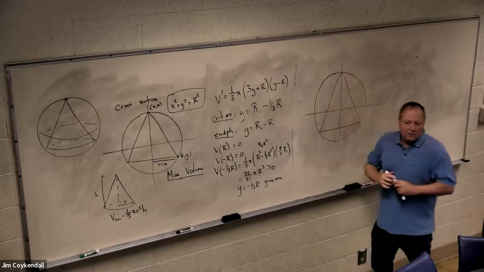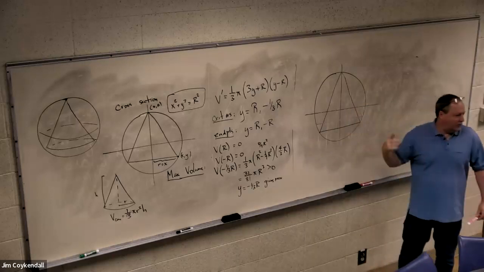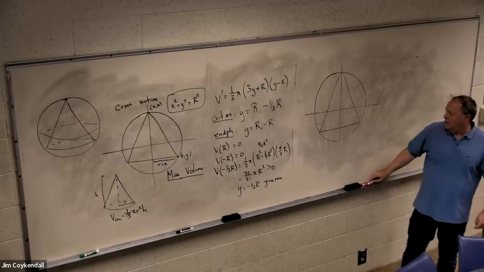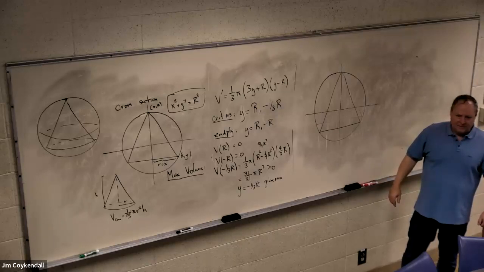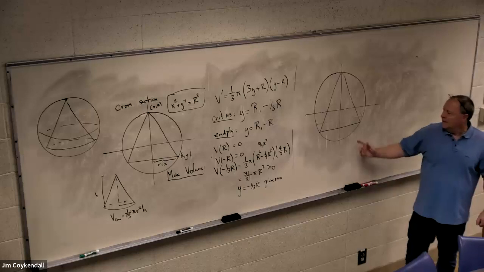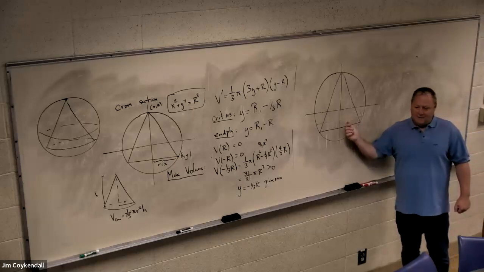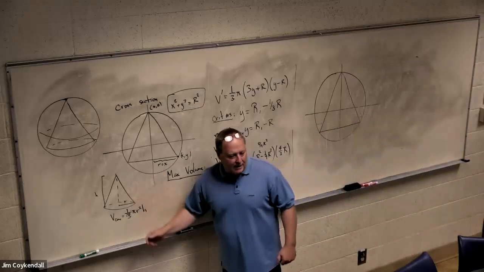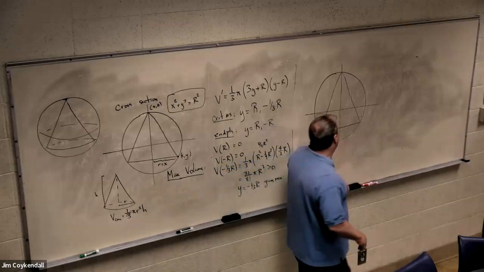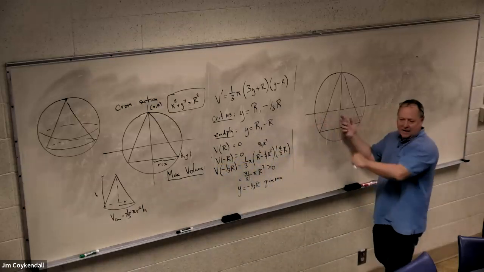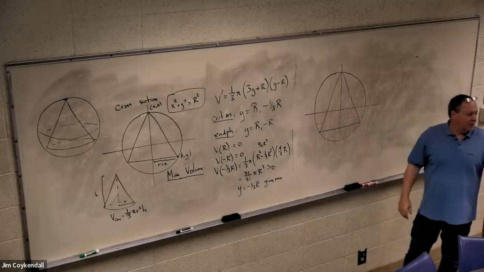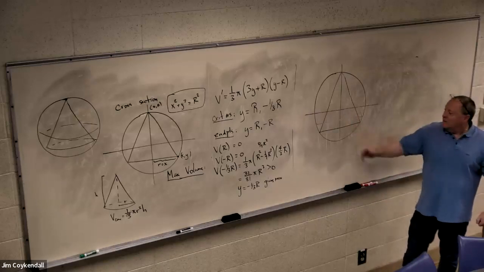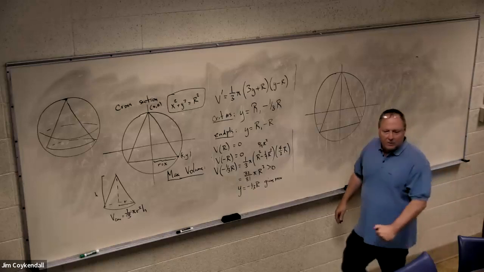The red triangle takes up less area, but when you spin it, it takes up more volume. Anybody explain why? Because actually, the volume is a square by the radius, but only linear by the height. And so making it a little bit fatter adds to volume.